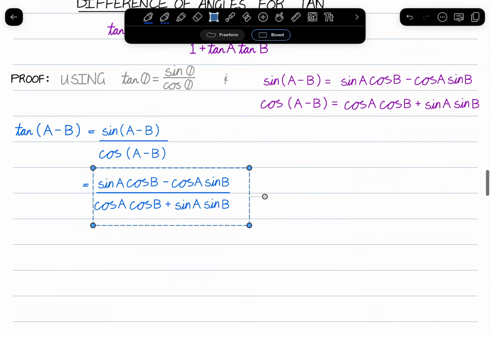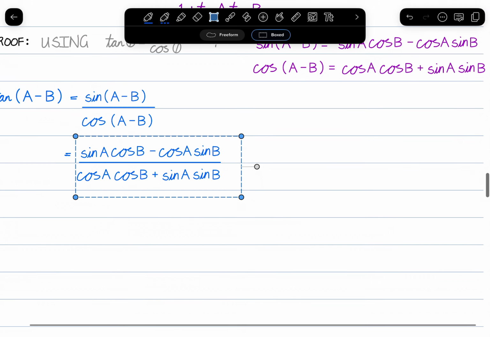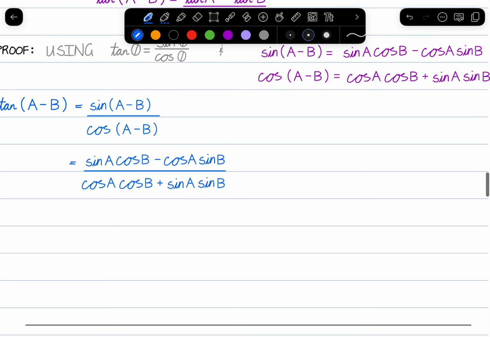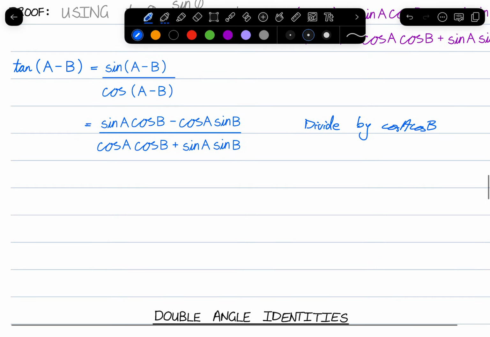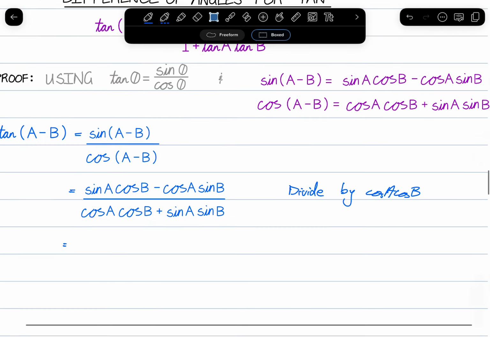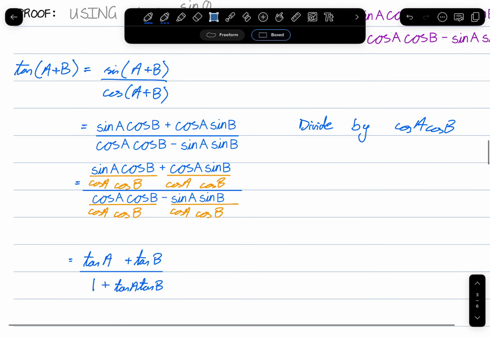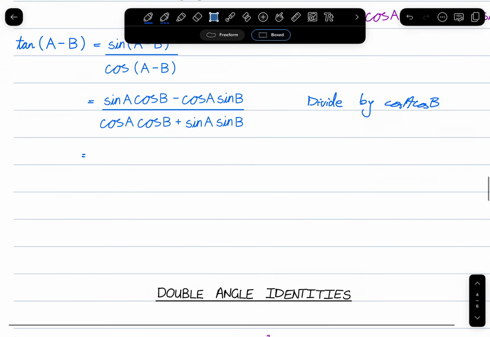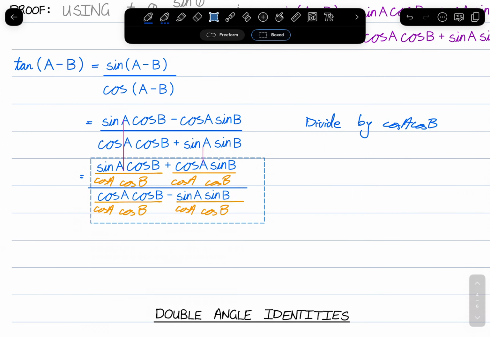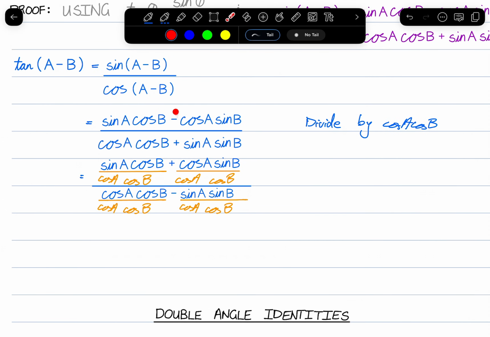Now, in the exact same way, we're going to divide by cos A, cos B. So in the exact same way here, really, I could just take this step here but change this.